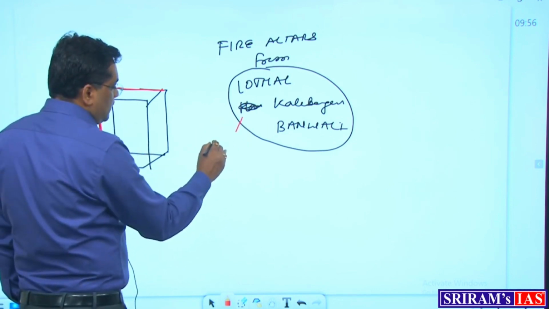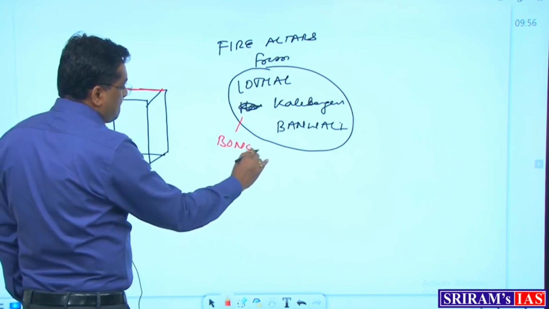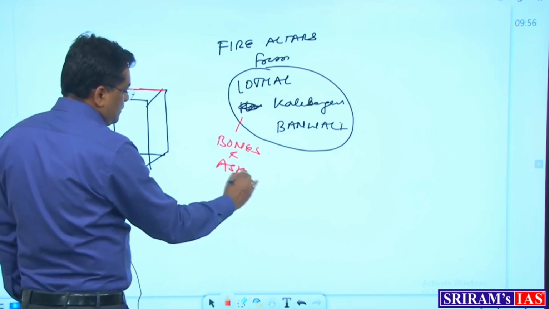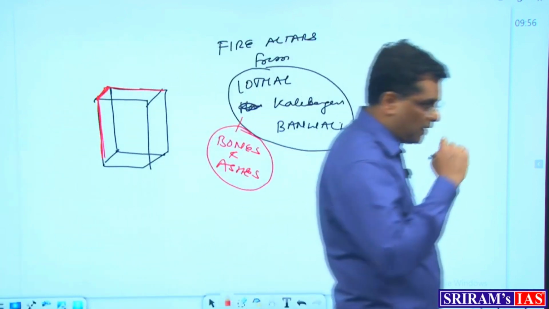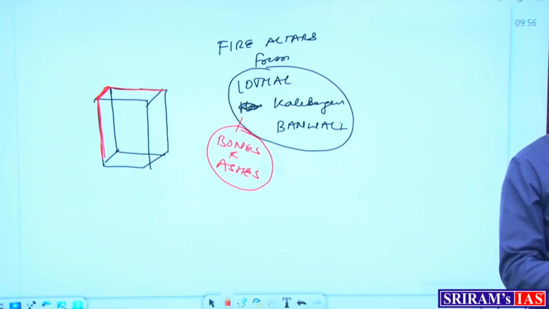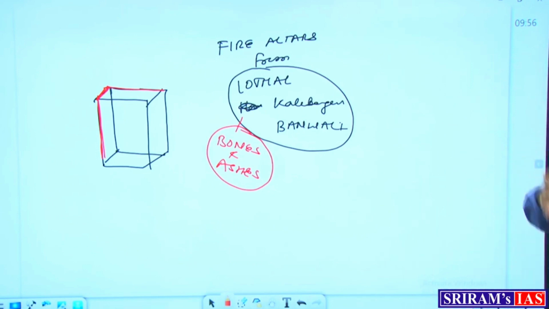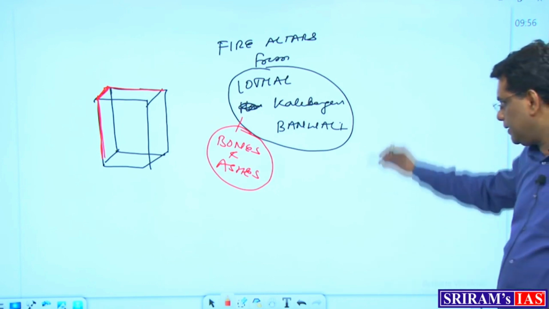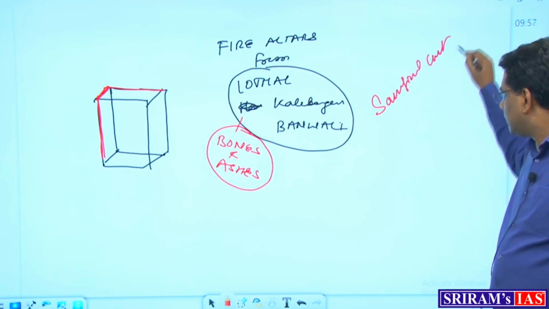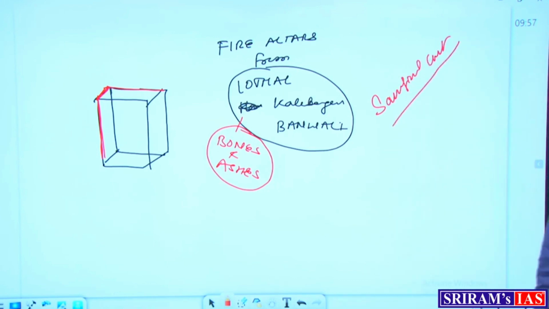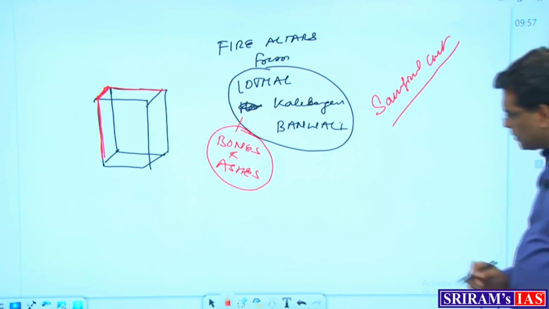We have found bones and ashes in these fire altars, bones of animals. So in the Havan Kund, we have found the bones of animals and the ashes. That means they had a sacrificial cult. So it was a good finding.